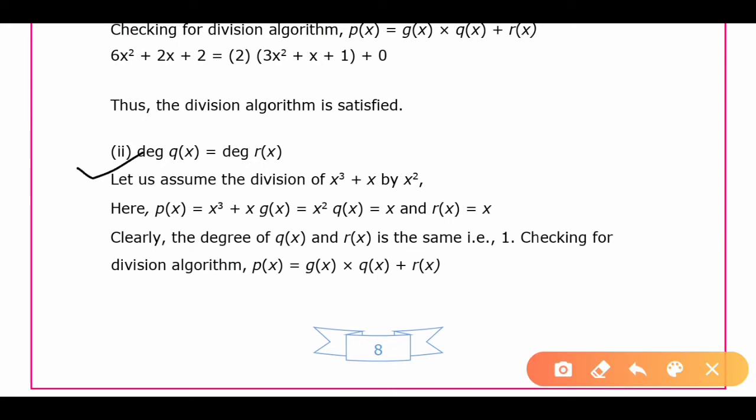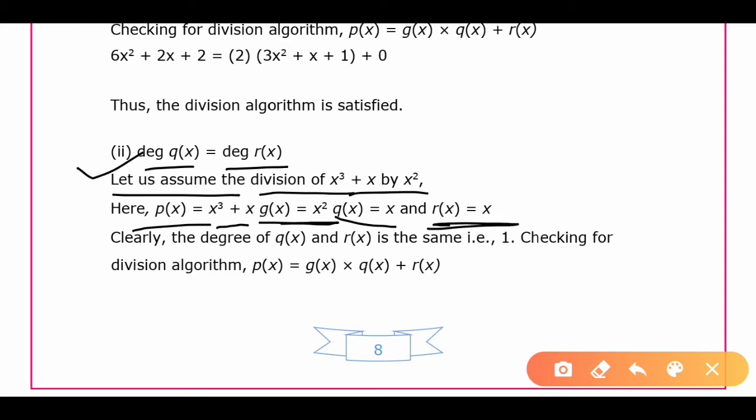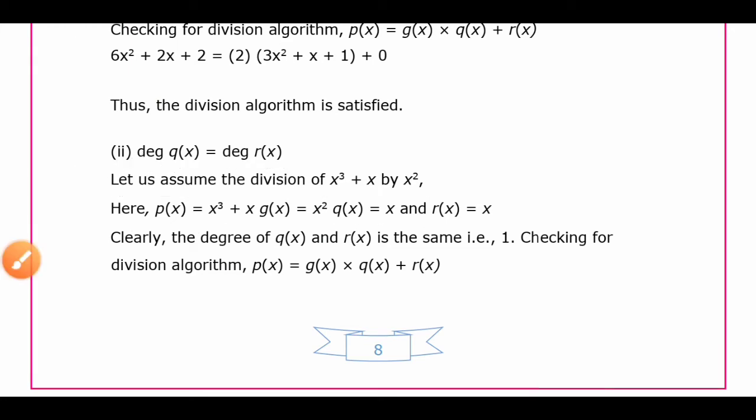Next, degree of q of x equals degree of r of x. Let us assume the division of x cube plus x by x square. Here we have p of x is equal to x cube plus x and g of x is equal to x square. q of x is equal to x and r of x is equal to x.